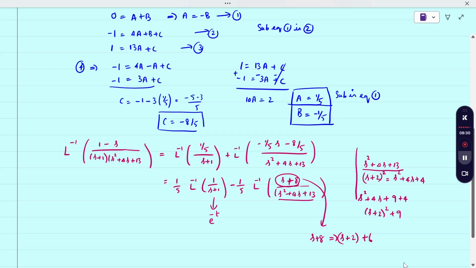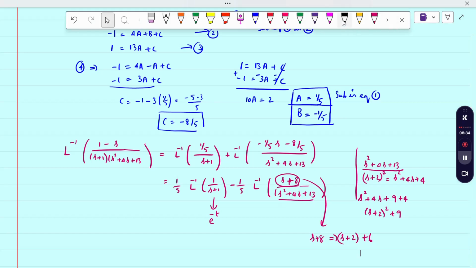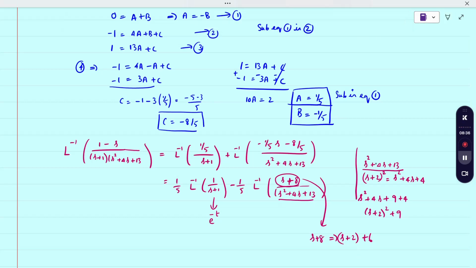Now when I arrange and write, the first subdivision gives 1 by 5 e to the power minus t. Only the second one needs simplification: 1 by 5 L inverse of (s plus 2) plus 6 over (s plus 2) the whole squared plus 9.